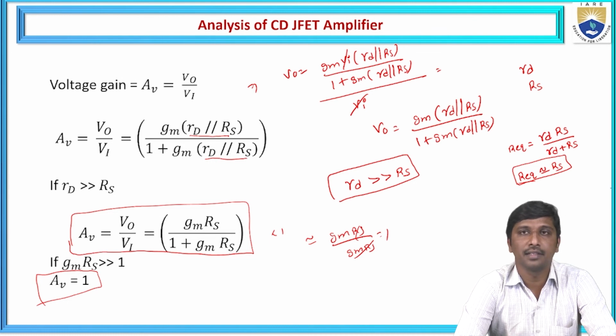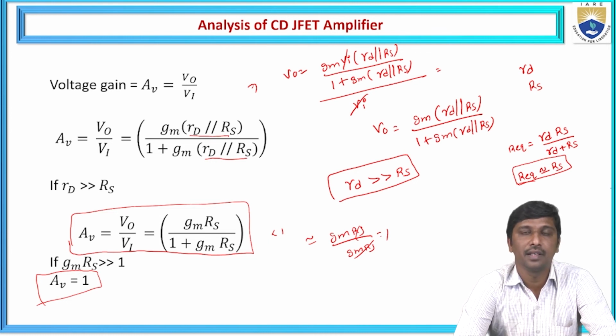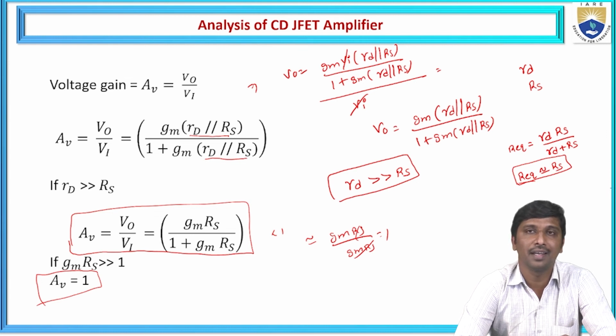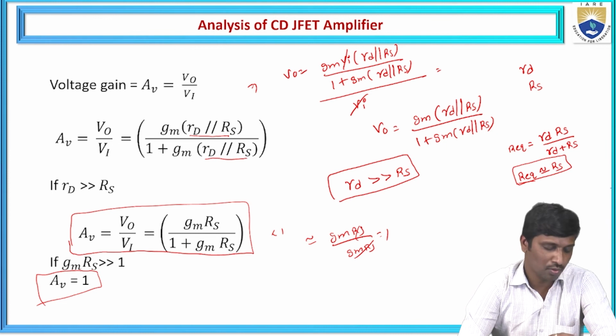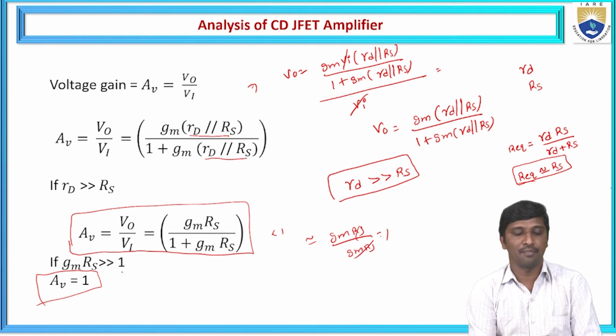Hence it can be used as a buffer, from this voltage gain representation, because it satisfies the unity gain follower circuit. So it is also called a unity gain follower circuit, or a common drain circuit. This common drain amplifier circuit can be used as a buffer due to the effect of this voltage gain.